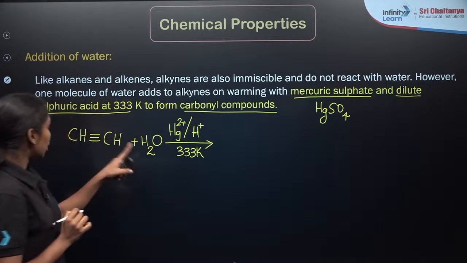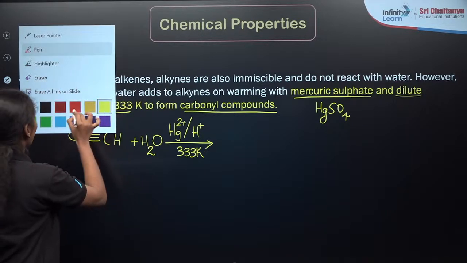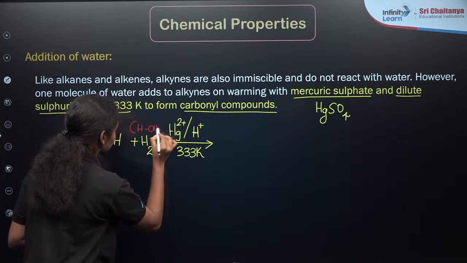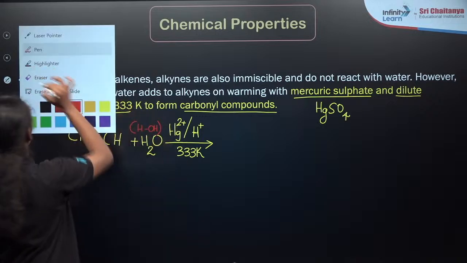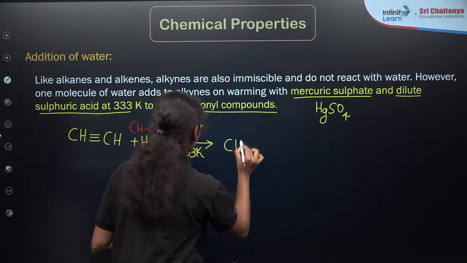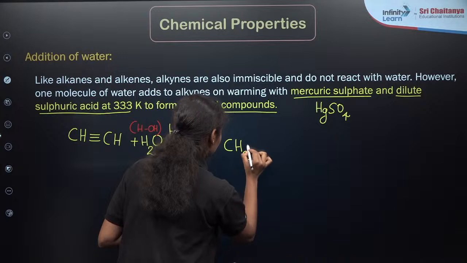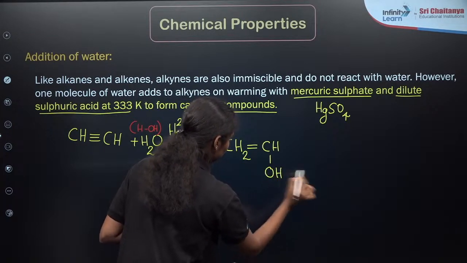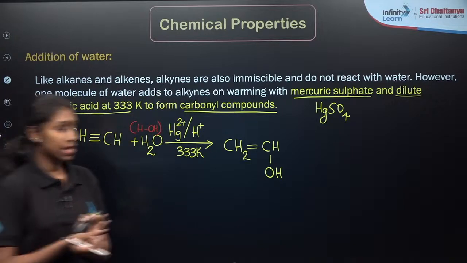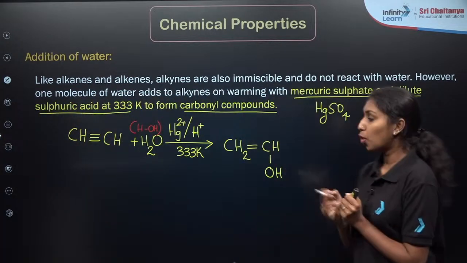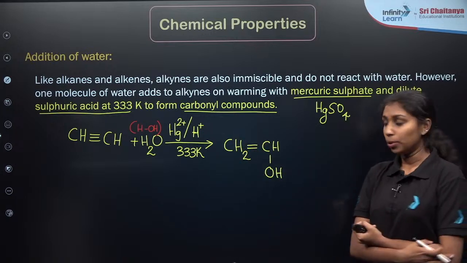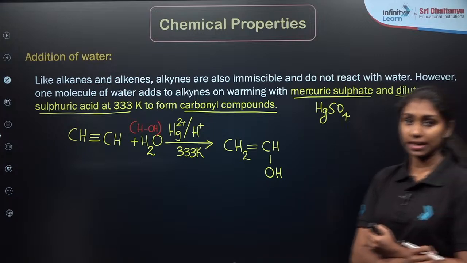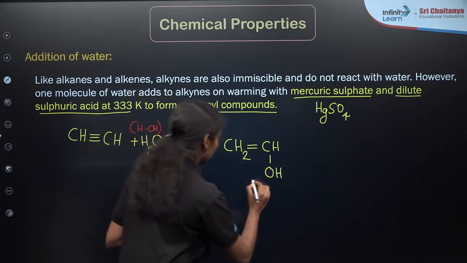What we are observing here is that I can write water as H and OH, right? So it will form CH2 double bond CHOH. This is the first compound formed after reacting water with the alkyne compound. This compound is known as enol. There is a double bond as well as a hydroxy group, so it will be known as enol group here.